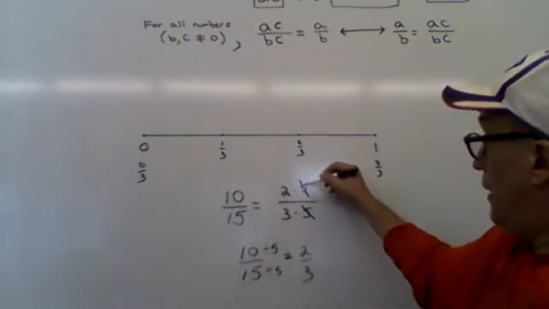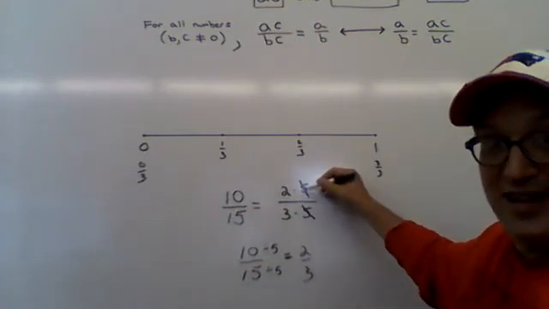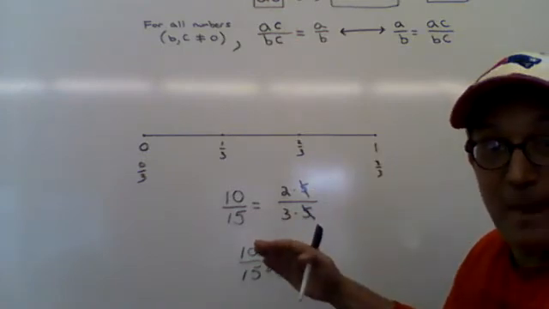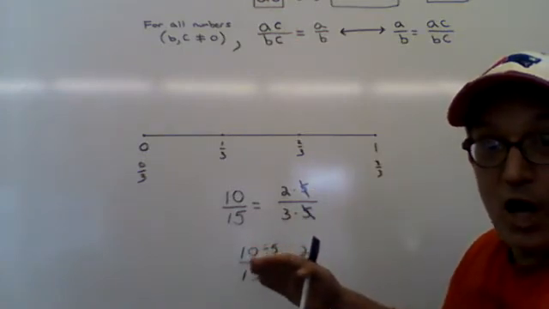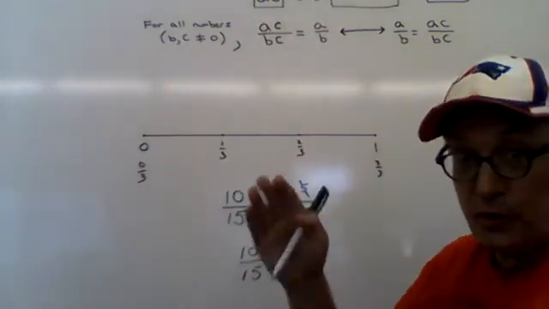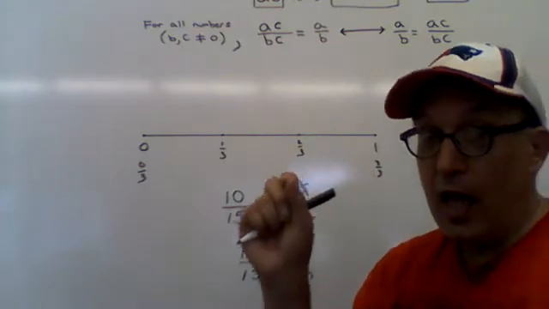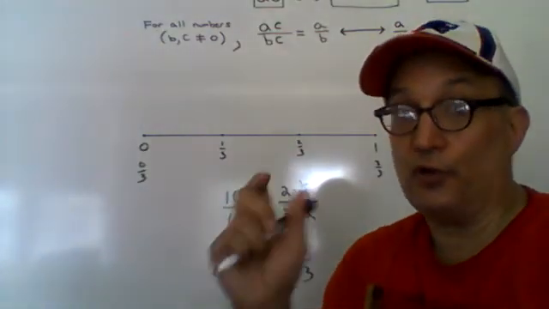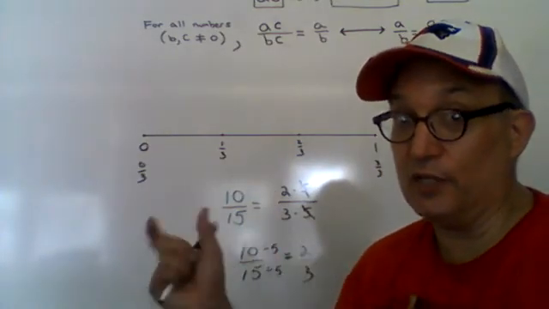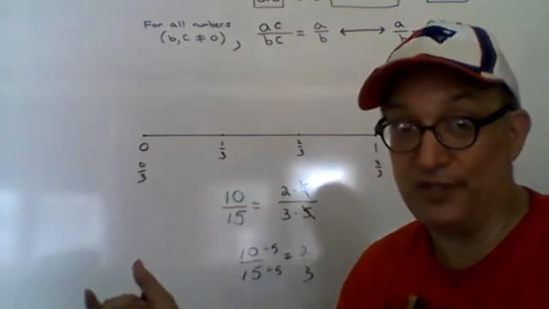Well, it's right there in the number that I crossed off, the number that I canceled, 5, right? Because if I've got 3 equally sized pieces up here between 0 and 1, and then I break up each of those thirds into 5 equally sized pieces, 5 times 3 is 15, I'll have 15ths, right?